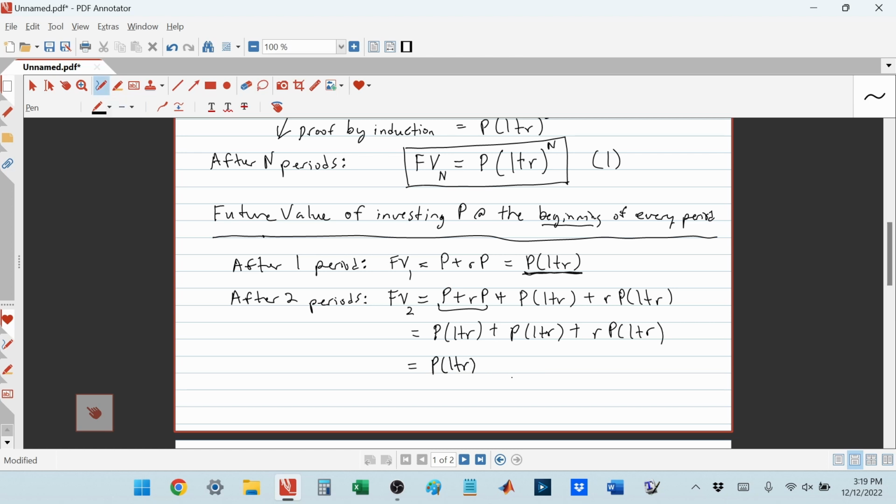P times 1 plus R. And then here we can factor a P times 1 plus R out.